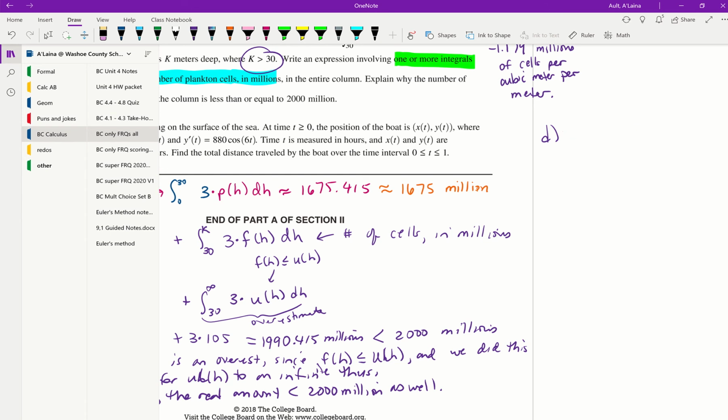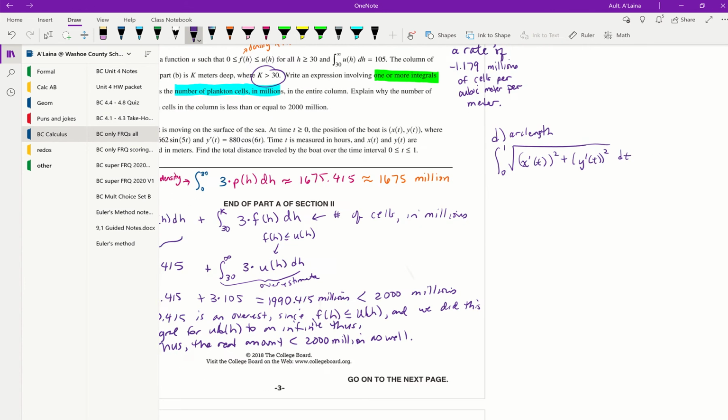That's an A-B type of concept. This one, we're changing both x and y. This is arc length. Arc length is the total distance traveled. So we're going to use the arc length formula, which is the definite integral from 0 to 1 of the square root of the derivative of x with respect to t quantity squared plus the derivative of y with respect to t quantity squared dt.